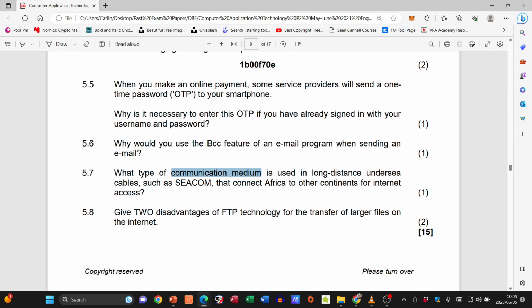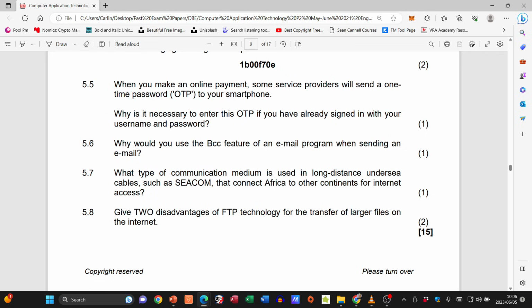So, how is the internet from Africa connected to the other continents in the world? It's connected via fiber optic cable. So that's the communication medium. Don't get confused with the question. They're asking you what type of communication medium. In other words, what are we using to connect the continent of Africa to other continents for internet access? That's all they're asking you over there.